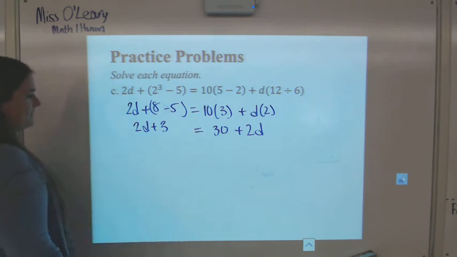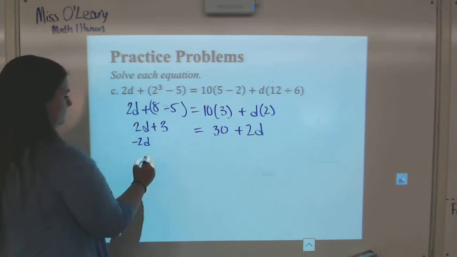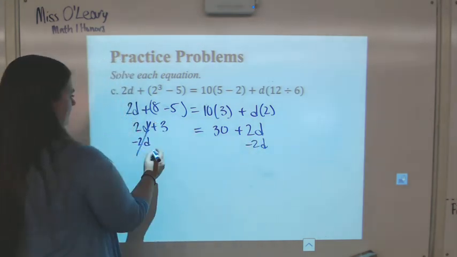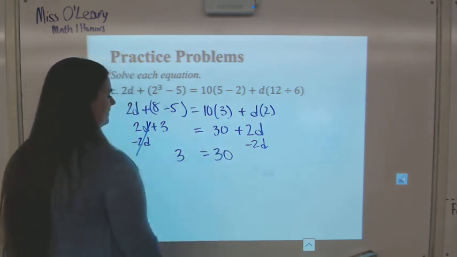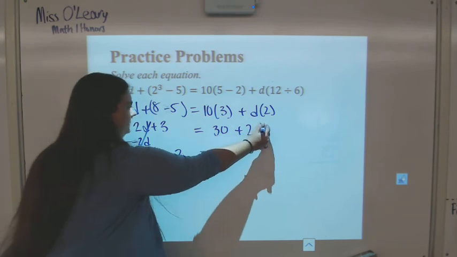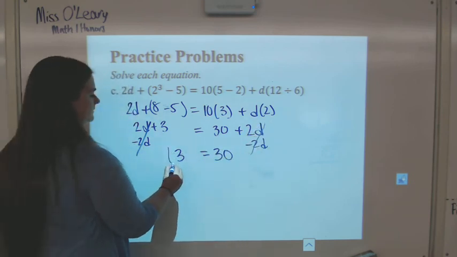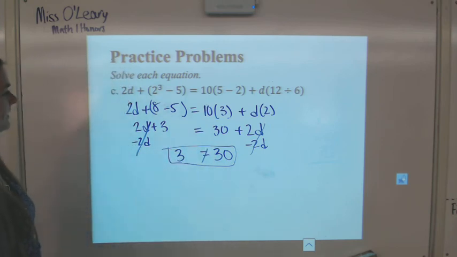Now I want to get my variable on the same side of the equal sign, so I'm going to take away 2D from both sides. But when I do that, now I'm left with just 3 on this side, and I'm left with 30. 3 does not equal 30. So at this point, I know that there is no solution.